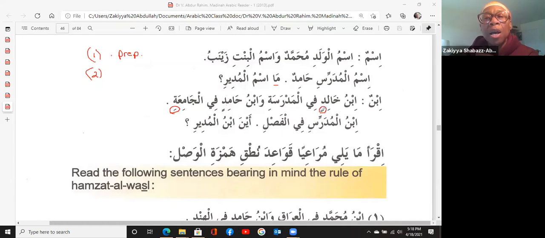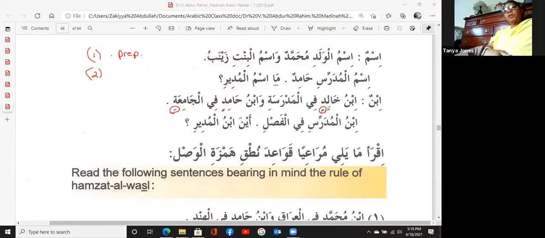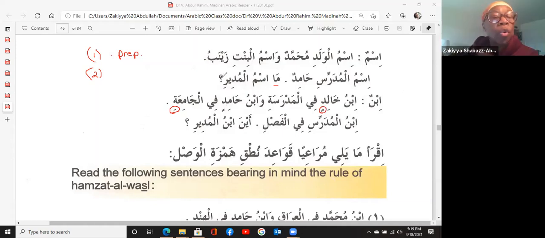So if you see a word and it's in genitive case, you have to ask yourself why. What's being possessed, or is there a preposition? There's only two reasons why it's going to be in genitive case. So if there's no preposition and there's a noun in the front and it only has the one vowel, it doesn't have aleph lam, you know you have an idafa. So it's going to be of something.